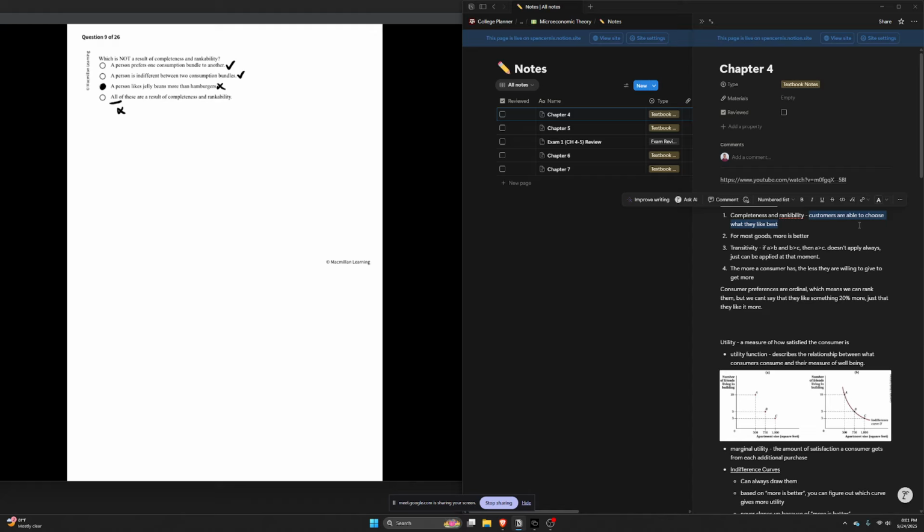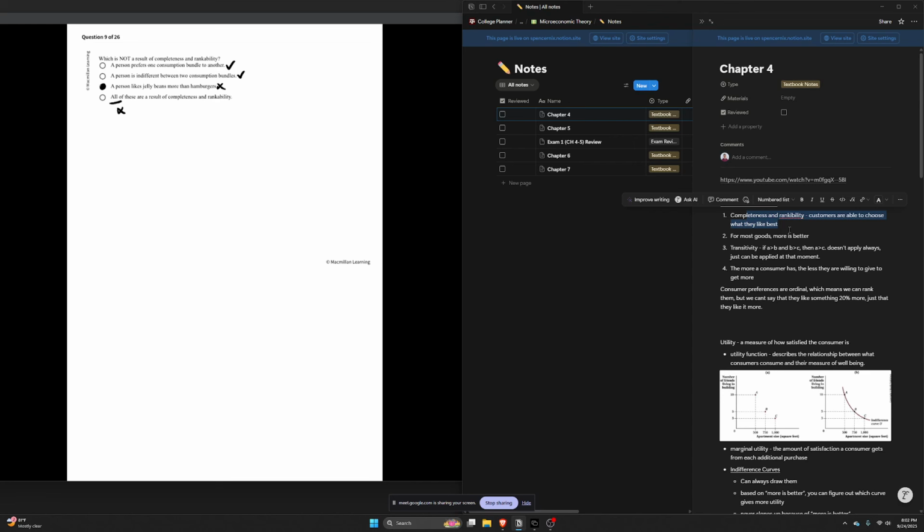A person likes jelly beans more than hamburgers. This is too specific. This isn't a rule for everybody. These rules are for everybody, right?